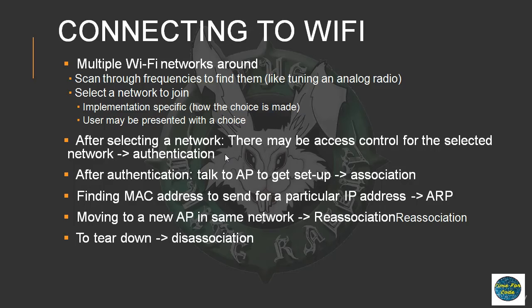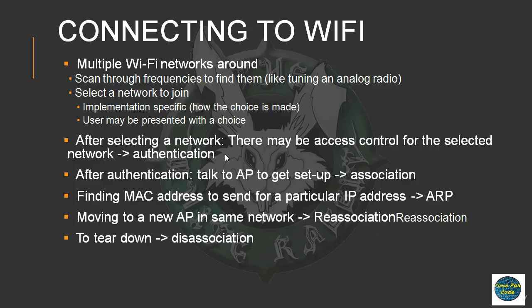Associating is kind of like, the analogy in the wired local area network is actually connecting this cable from your laptop or PC or whatever to the switch, and then you're able to physically get the packets to and from the destination and source.